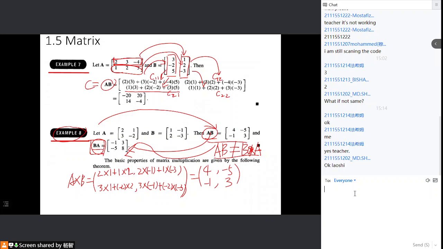But sometimes they are the same, because when B equals the identity matrix, you can say BA equals AB. But in most conditions, they do not equal. The products AB and BA do not equal, except in a special condition.